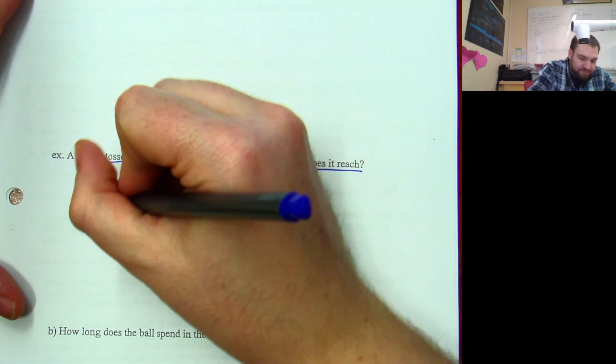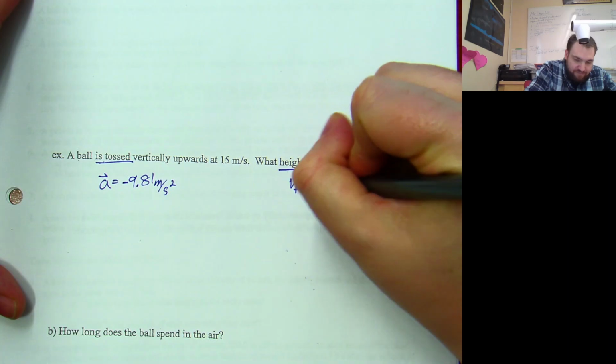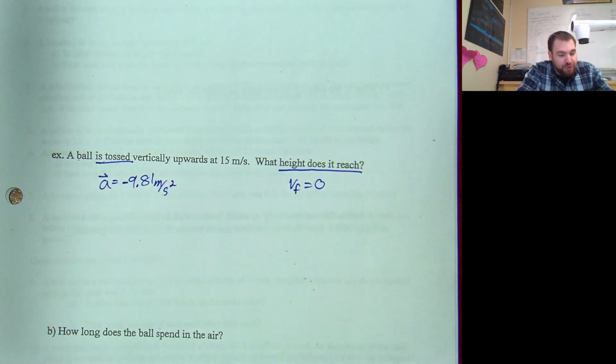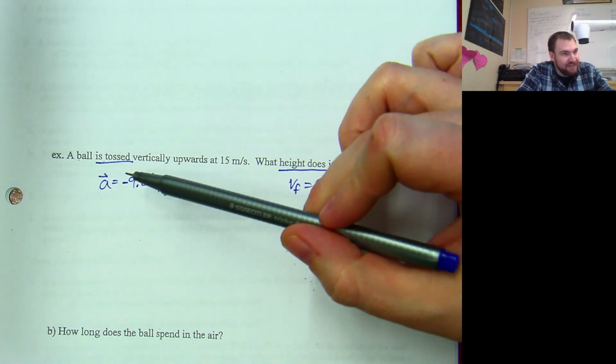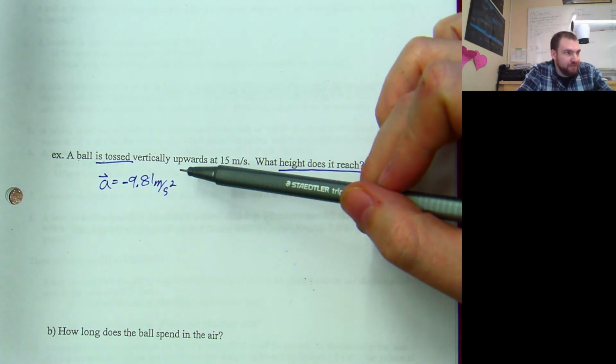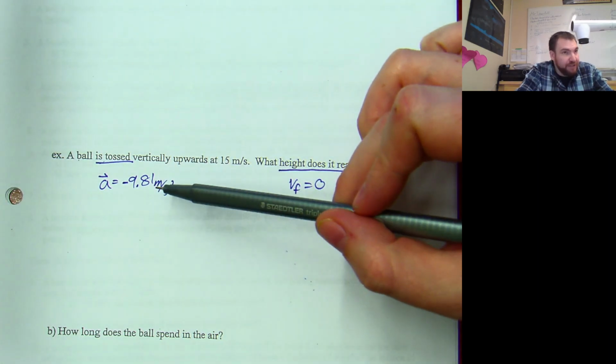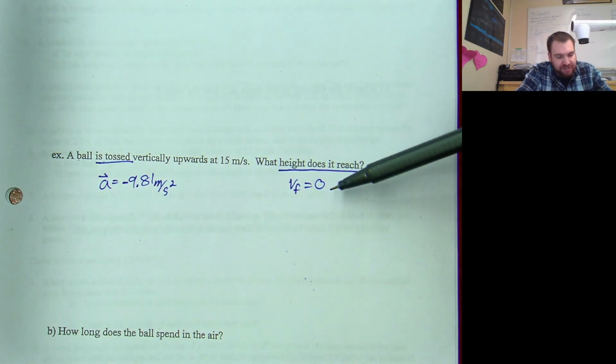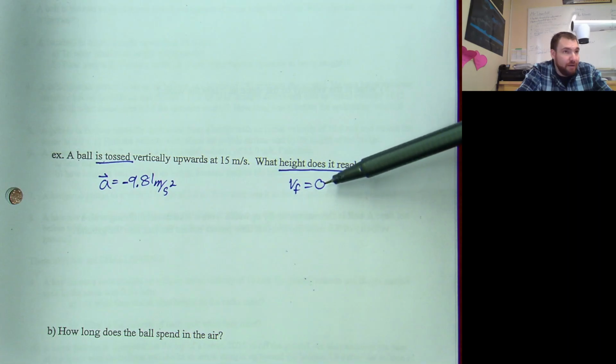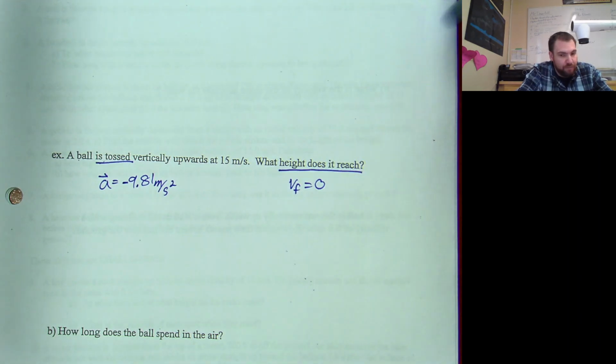Absolutely. Those are the two things that it becomes really important that you're able to pull out of stuff like this: that the acceleration, because the thing's tossed on Earth (if I don't tell you otherwise, assume it's on Earth), gives you the acceleration, and at the height it reaches, the final velocity is going to be 0.